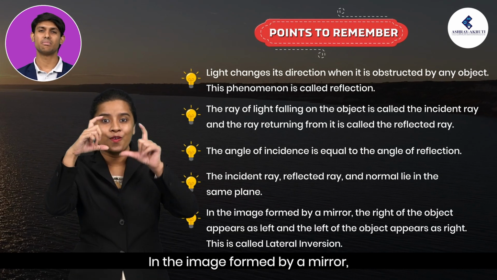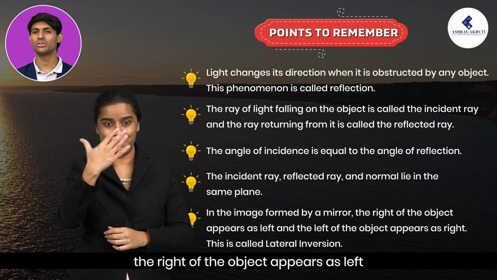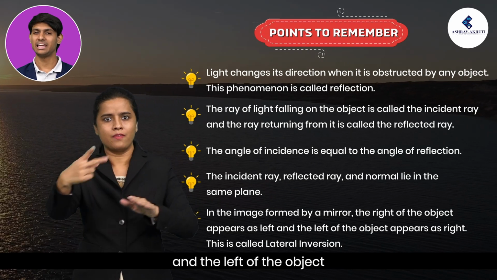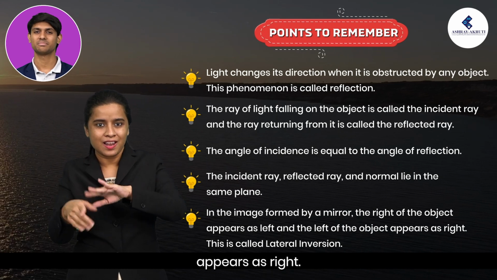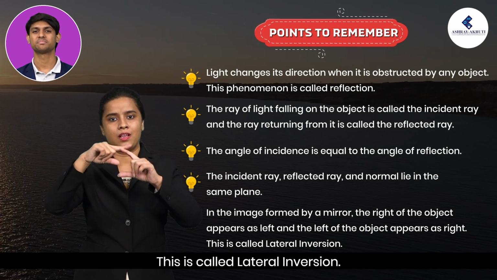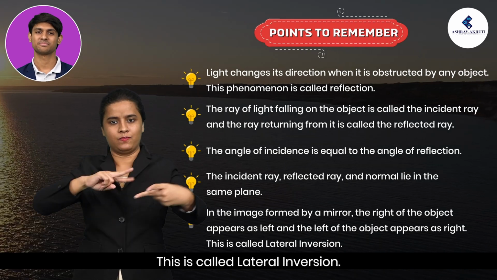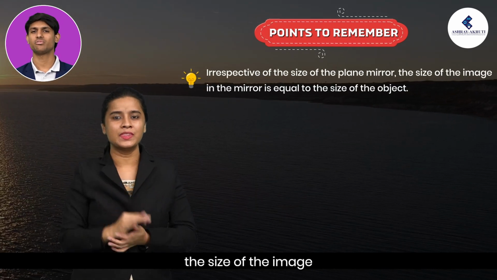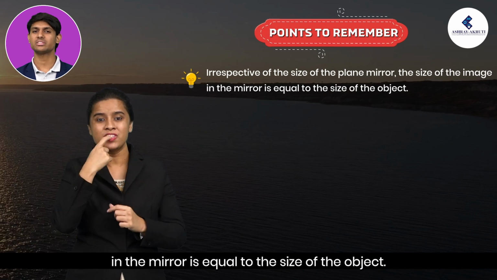In the image formed by a mirror, the right of the object appears as left and the left of the object appears as right. This is called lateral inversion. Irrespective of the size of the plane mirror, the size of the image in the mirror is equal to the size of the object.